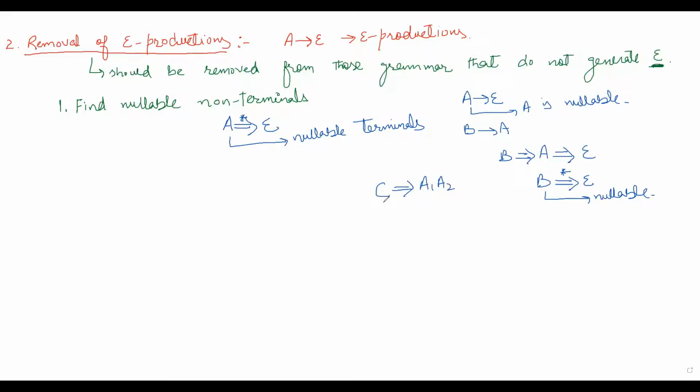C is also nullable if both A1 and A2 are nullable. Okay. So for removing epsilon productions, what is the first job? The first job is to find all the nullable non-terminals.